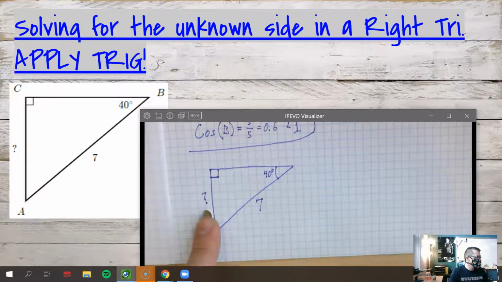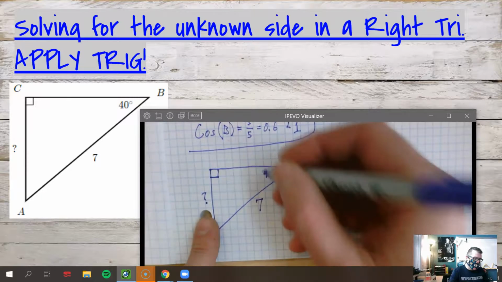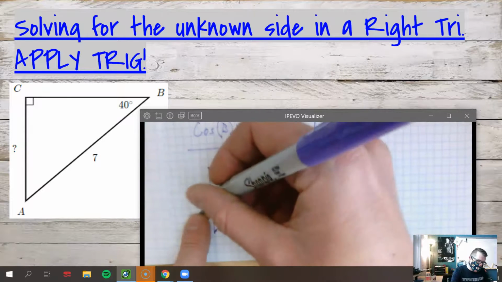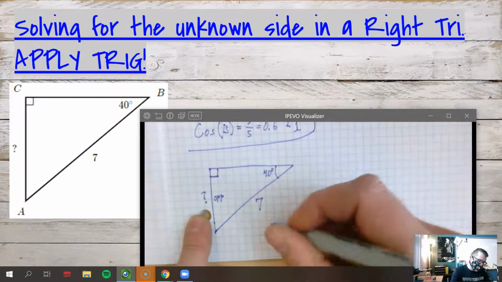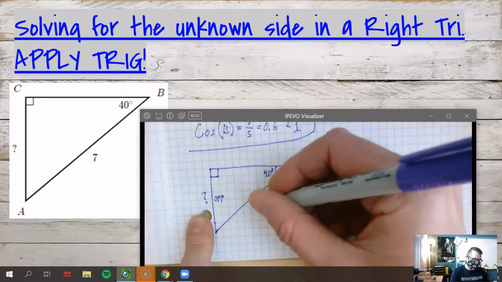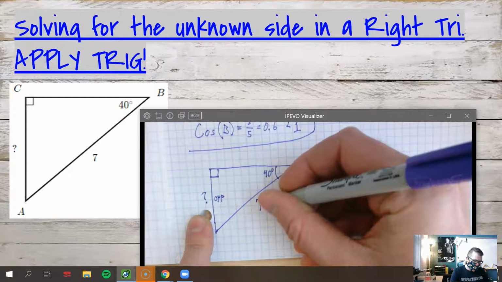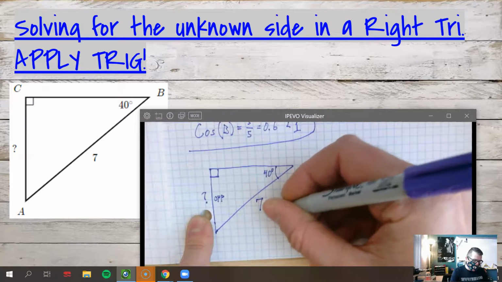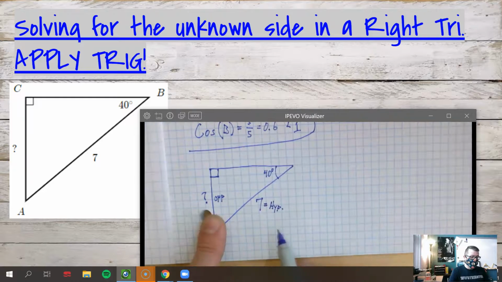But if we work with the 40-degree angle, then this side, my question mark side, is actually the what? Opposite or adjacent? Opposite. From the 40, it's the opposite. And the other side that I have is the hypotenuse, right? So, which trig function uses opposite and hypotenuse?